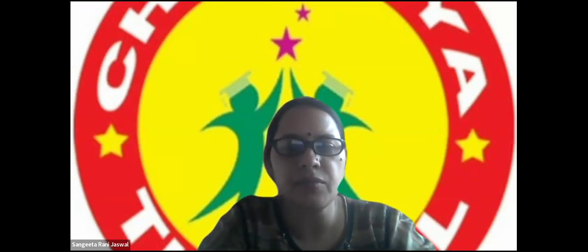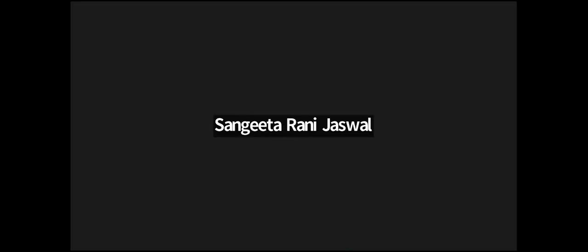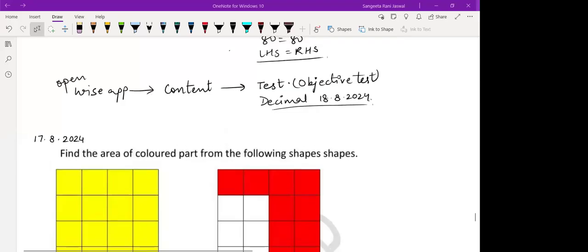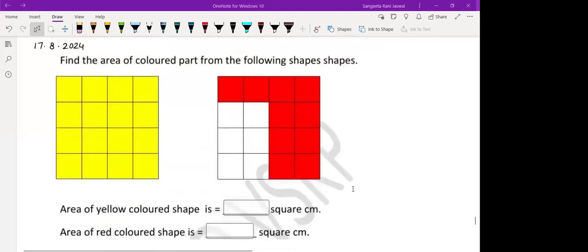Right. So today we'll be starting with the area concept. Okay, get ready with your pen and paper. Children, before we move to these questions, I'll just explain how we find the area.